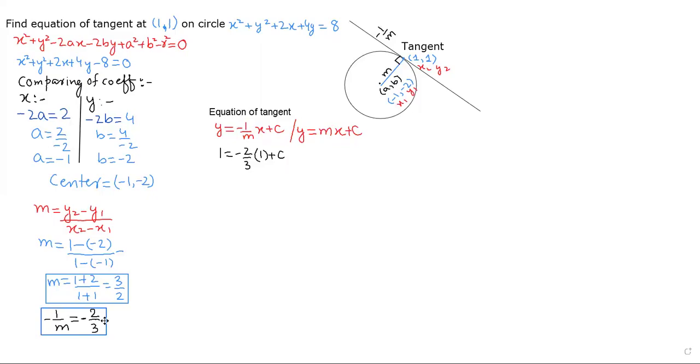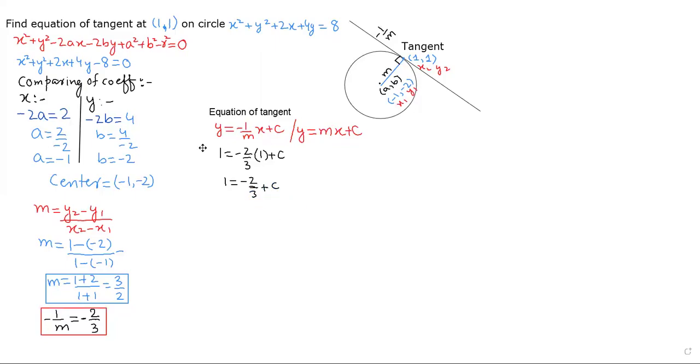Simplifying, it will become 1 equals minus 2 over 3 plus c. Don't shift this 3 directly to the other side. If you want to shift 3 to this side, then 3 should be the denominator of every term, which it is not.